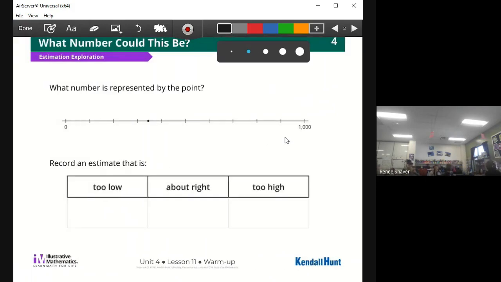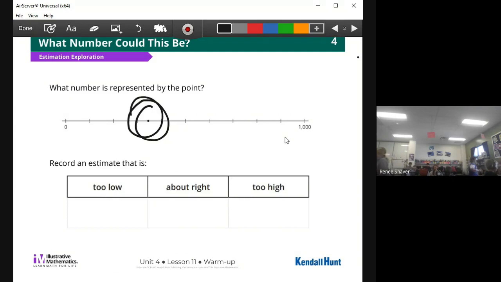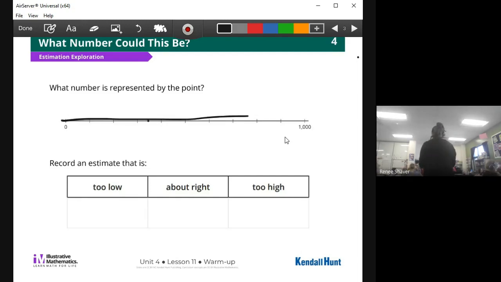So we are going to start with our warm-up. Our warm-up says, what number could this be? So we're looking at what number is represented by this point. In your math book, you're going to turn to page 45 and take a look at this number line.